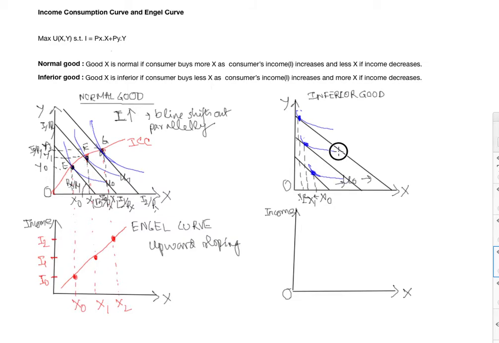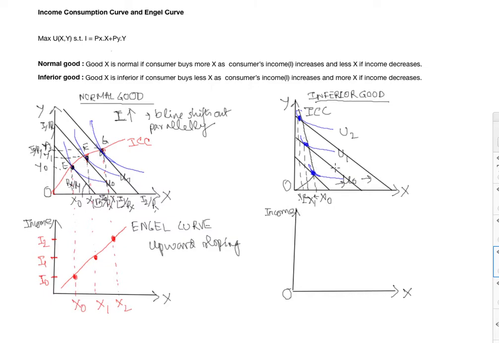These are the different indifference curves. If you join these points, starting from the origin, this is the ICC. So the income consumption curve for an inferior good is backward bending like that.